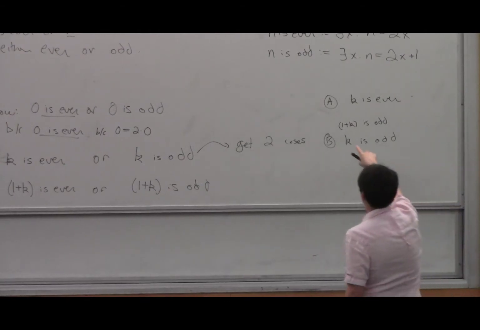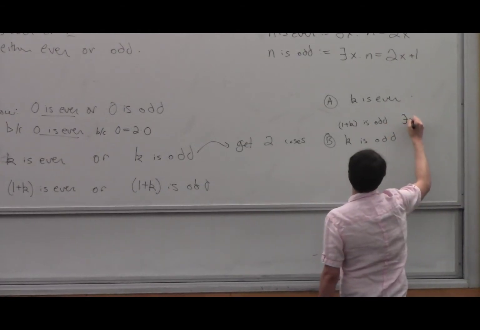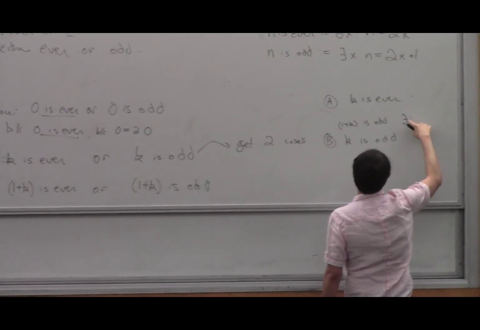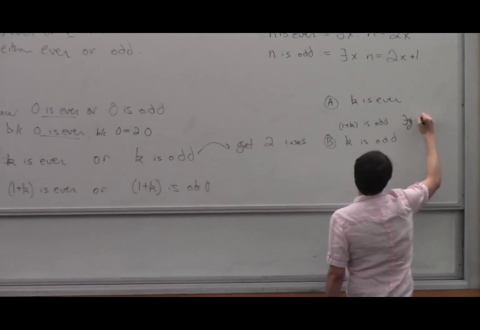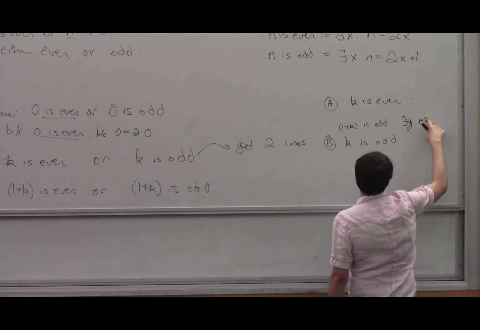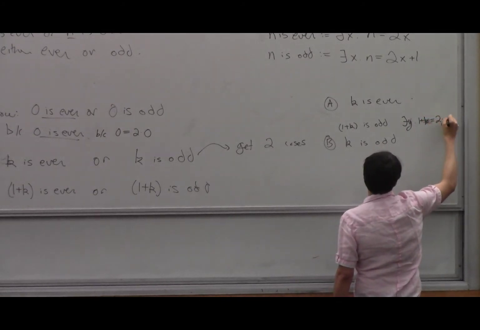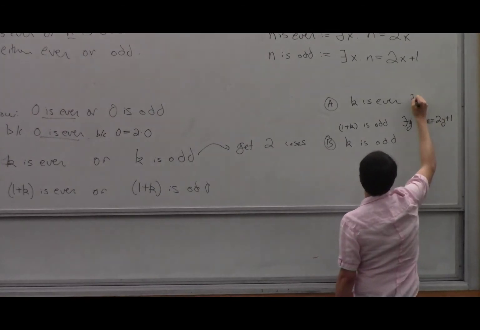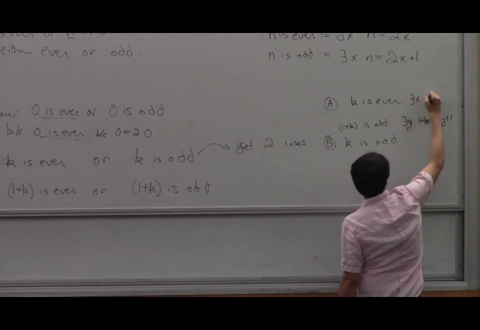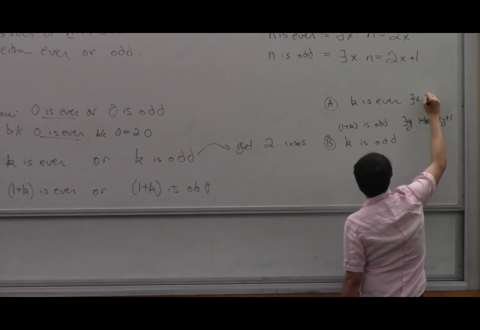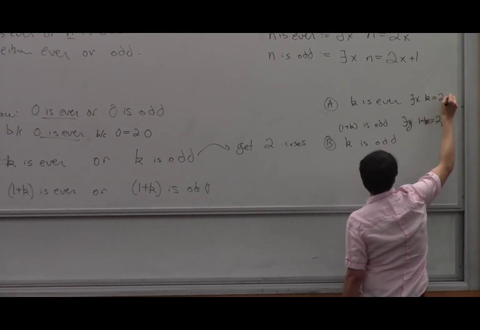What does this mean? This means there exists an x, or let me call it y, such that 1 plus k is equal to 2 times y plus 1. And what does this mean? There exists an x such that k is equal to 2x.